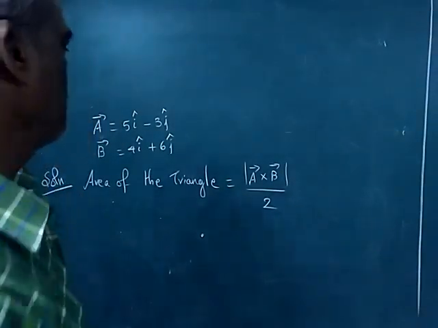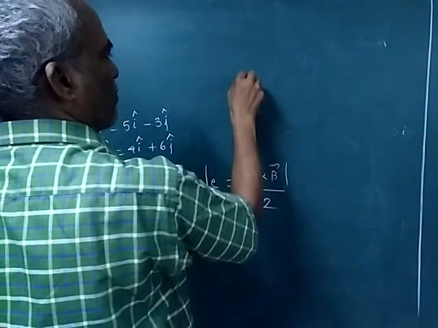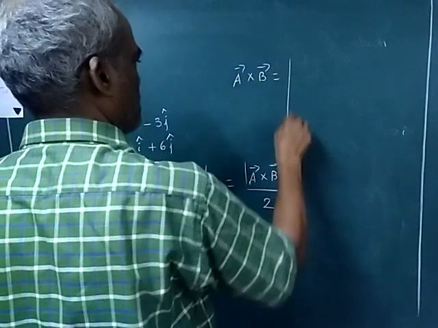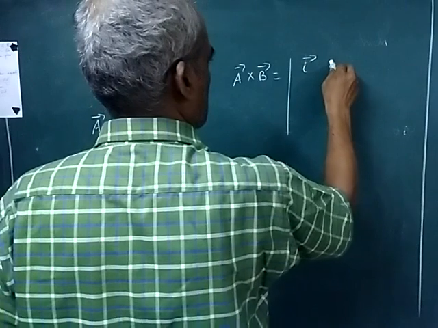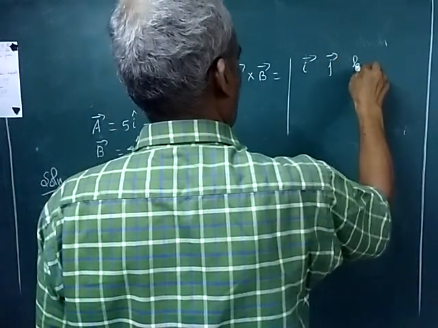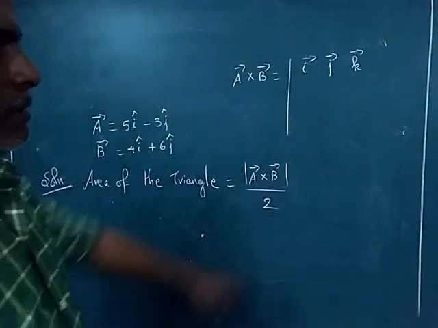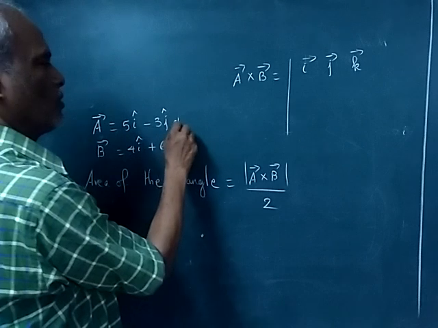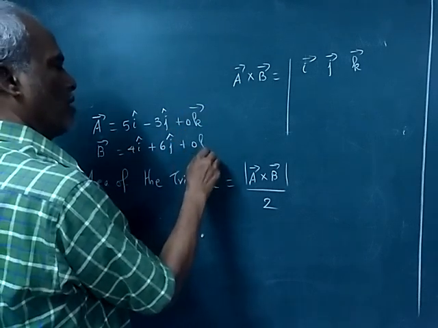First we will find out a vector cross product with b vector. So a vector cross product with b vector is equal to the determinant symbol. So i vector, j vector, k vector. So we are writing all the 3 components, but the k component value is 0. So this can be written as plus 0 k vector. Here again plus 0 k vector.